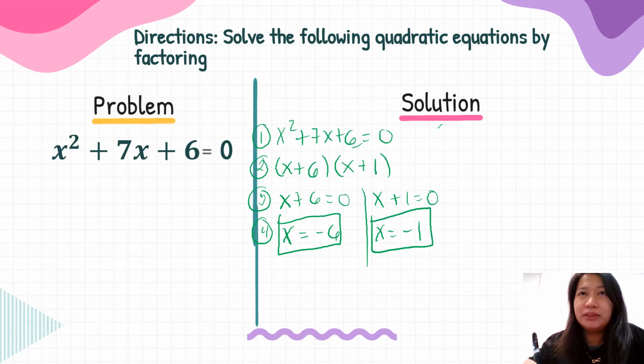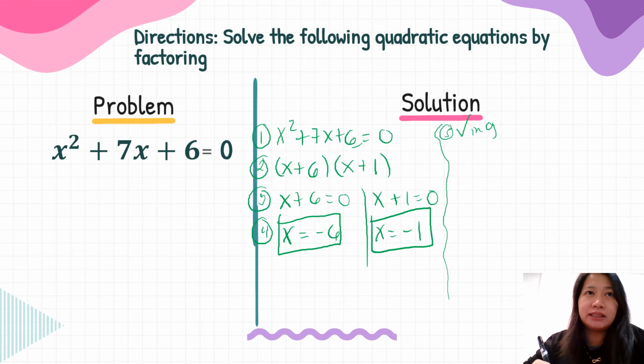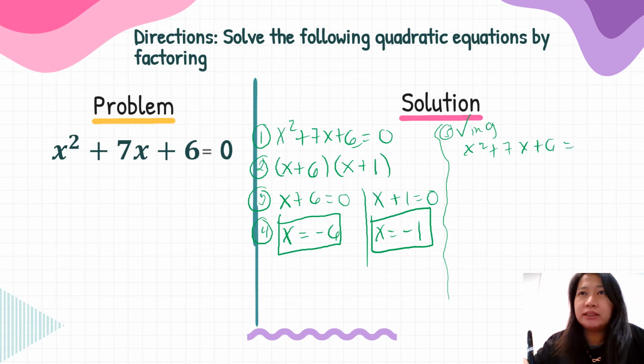Now, let's proceed to step number 5 rather, and that is checking. So, pag checking ulit, balik sa original equation, substitute x squared plus 7x plus 6 equals 0. Negative 6 muna tayo. Negative 6 squared plus 7 times negative 6 plus 6 equals 0.